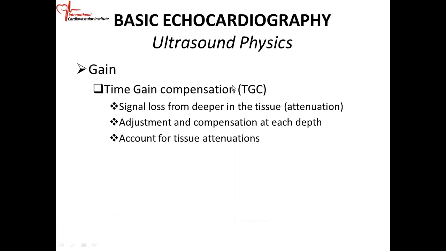Now look at your TGC, which is your time gain compensation. With these TGC buttons, you look at your image, and in the area where you have what we call a dropout, or a weak signal, you increase the signal in that area.